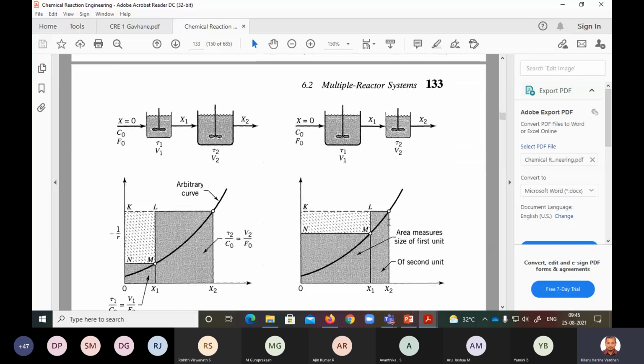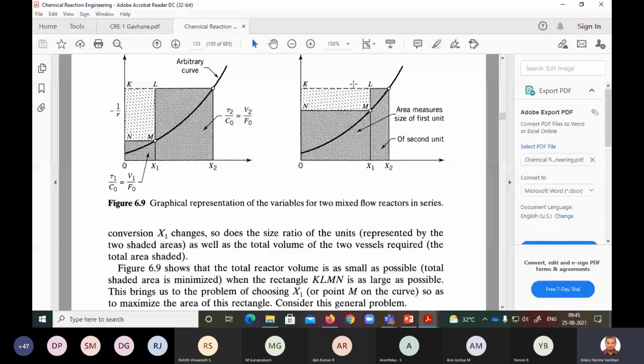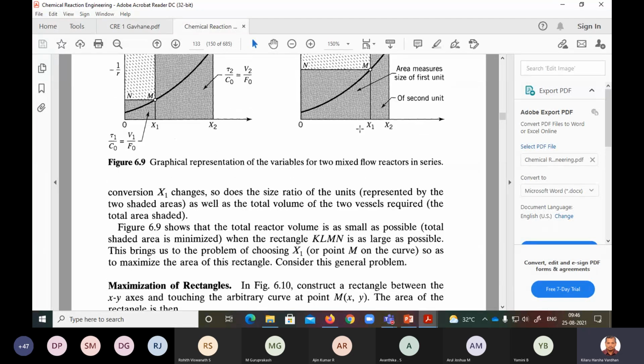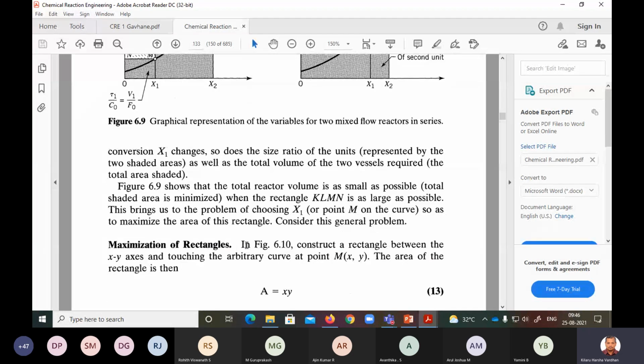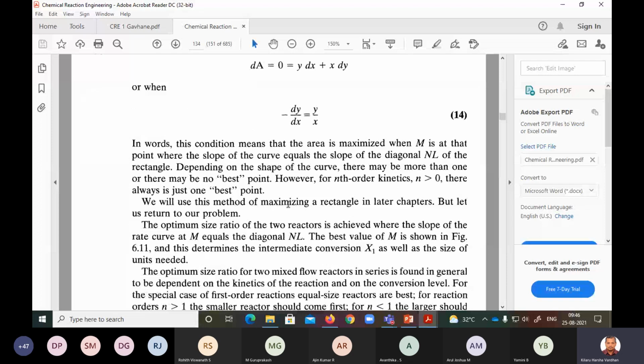This is the curve I'm showing you, and KLMN should be as large as possible. If KLMN is as large as possible, then what will happen? The unshaded part will be less, right? So that is what he's giving you. To minimize the volume, you are considering the maximization of the rectangle. That is what I'm showing you.